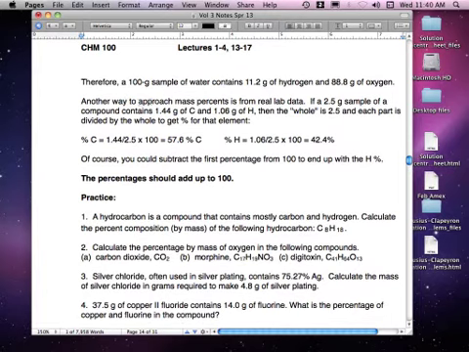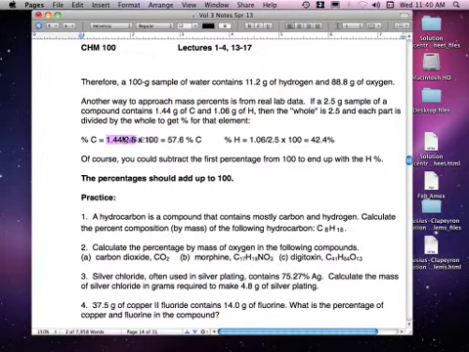Another way to approach mass percentages is from real data. So if you had a 2.5 gram sample of some compound, okay, and you knew that it contained 1.44 grams of carbon and 1.06 grams of hydrogen, the whole part is how much the whole sample weighed. The carbon part is the 1.44. You're going to get the same answer as if you had a formula and you did it from the formula, okay, if the compound's the same.